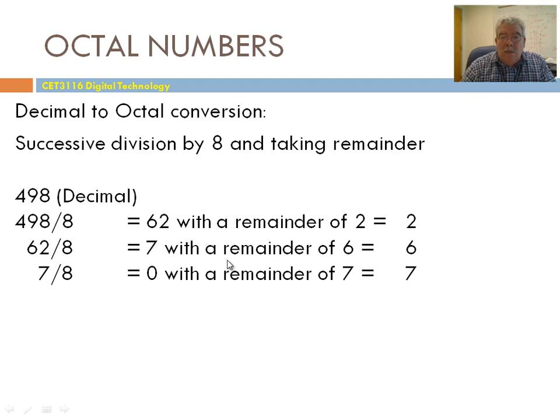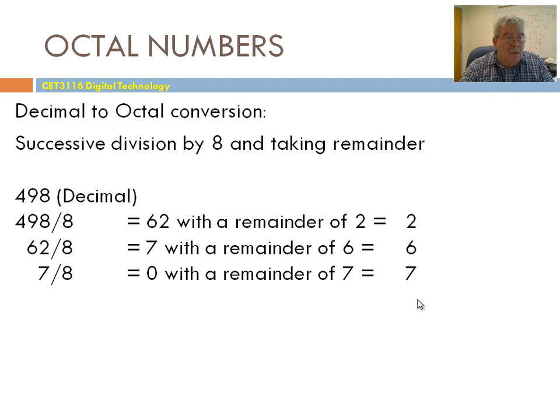So we assume that the quotient here is going to be 0 and the remainder is going to be 7. So here's the number, 762. Same as before, the first number that we discover with this process is the least significant. It's the A0 in the polynomial. Then we discover the A1, which is the second from the right. Then we discover the most significant. In this case, it's the 7.